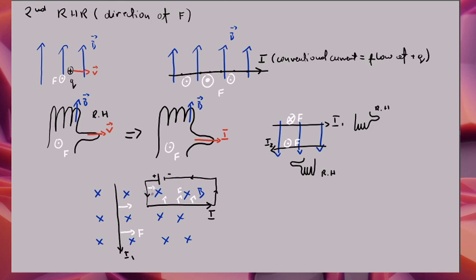The force would point to the right. This little section, there would be no force because this section is outside of the magnetic field, so this would be 0. And this section of the circuit here, the force on this one would also be 0 because this section of the wire is outside of the magnetic field. All right, and that's about it for the right hand rule.